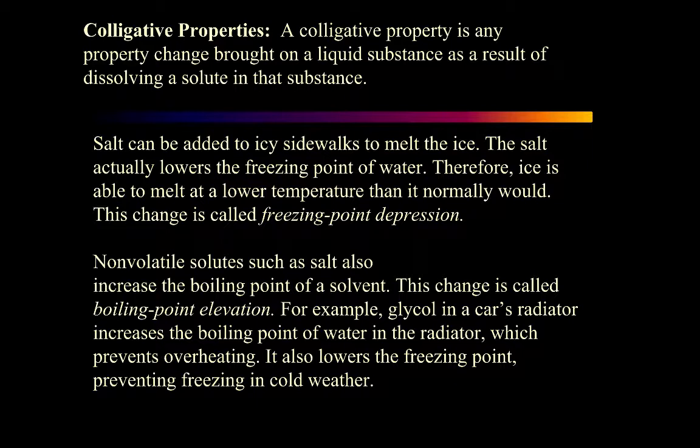It's because the freezing point of water changes when we add that salt, and so it melts at a lower temperature. We call this freezing point depression. This is an important concept that we can use. Basically, we can change the properties of a solution by adding a solute to it, like the example of salt on sidewalks.